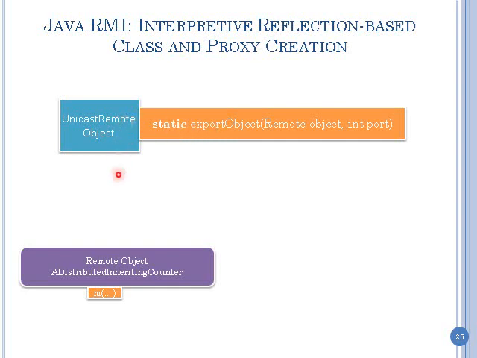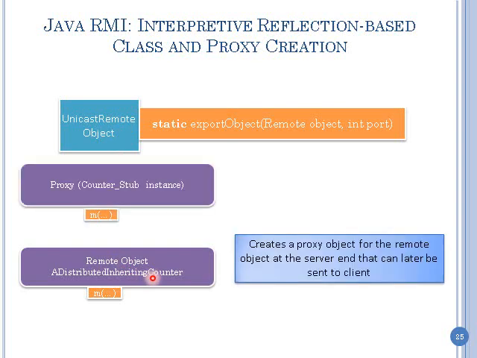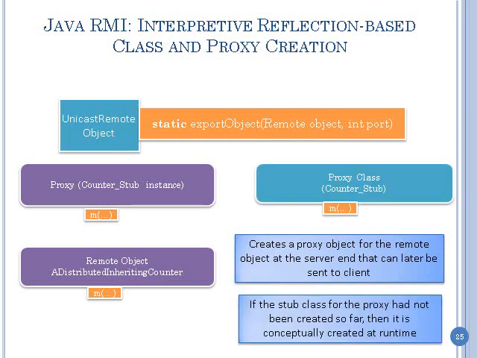And so you've got UnicastRemoteObject, you've got some inheriting counter. You go and create a proxy from this particular object. If you're going to create a proxy from this particular object, that proxy must have a class, right? So that class is generated when the object is first exported. If you export an object of the same class multiple times, you'll use the same proxy class.